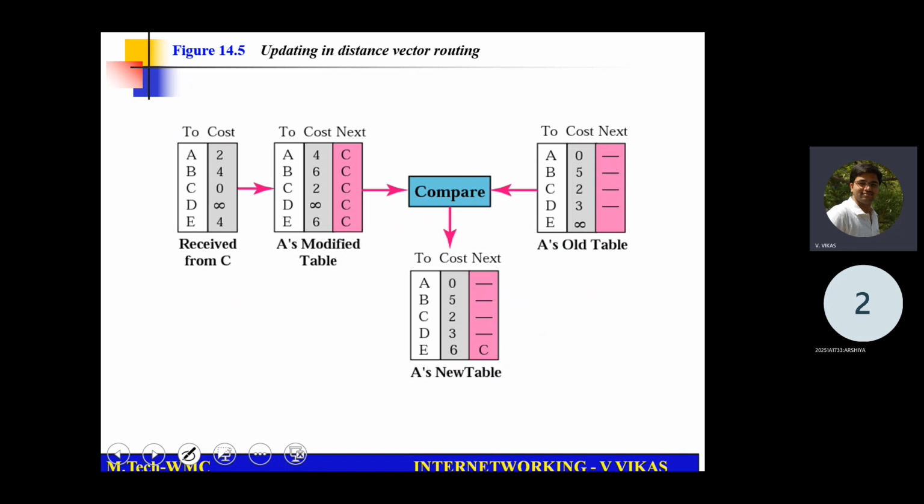There are some cases where previously I had traveled from A to E through C. C was telling that the cost is 6, but now C is telling that the cost is 8. Same C. Previously it was telling the cost is 6, but now it is telling the cost is 8. So the same node has updated. What do we have to do? That is the question, and we will see it next class.